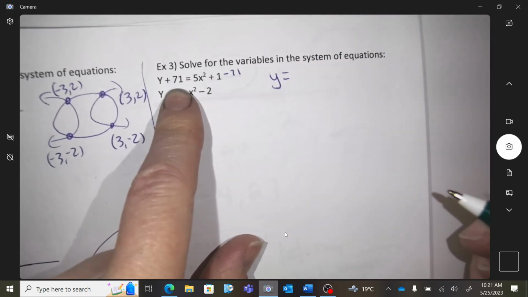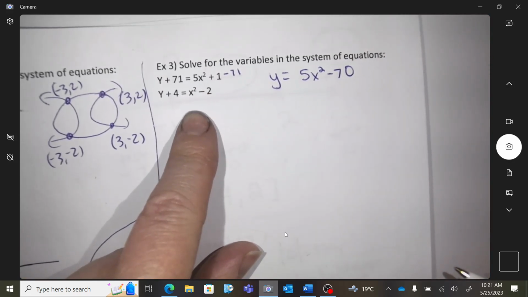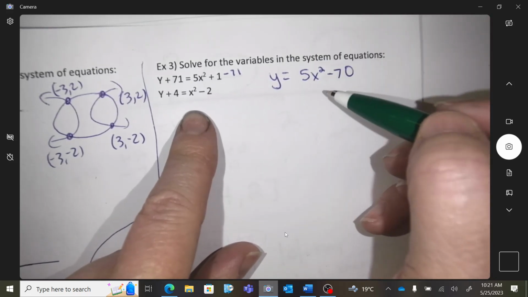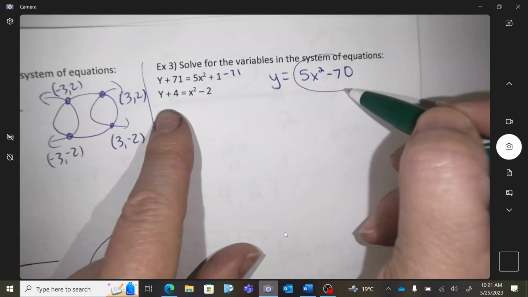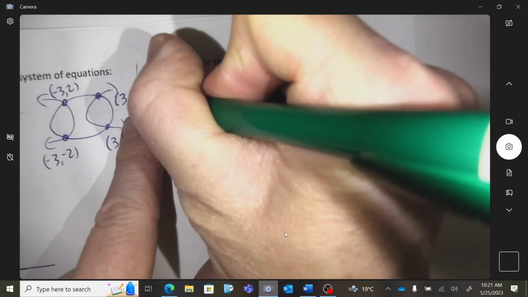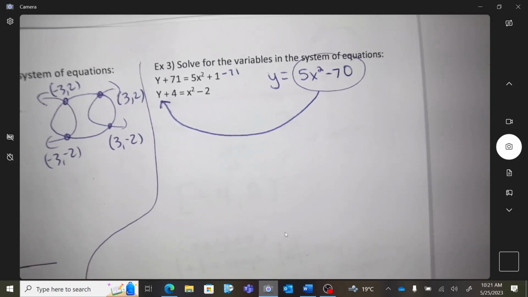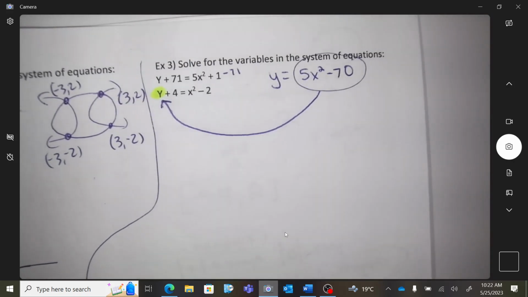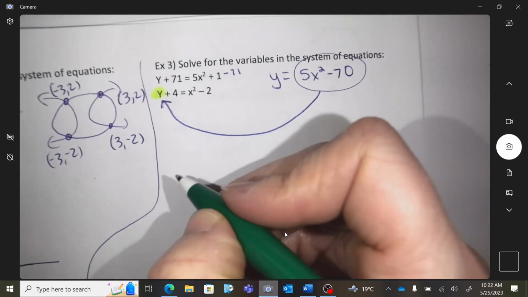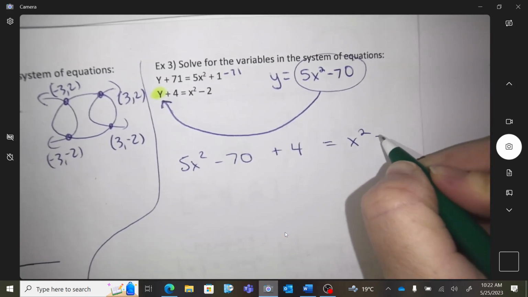I'm going to subtract 71, right? Now I'm going to take that and I'm going to replace that. Once you have something alone, you can replace it into the other one. So I can replace that with that expression. So 5x squared minus 70 plus 4 equals x squared minus 2.